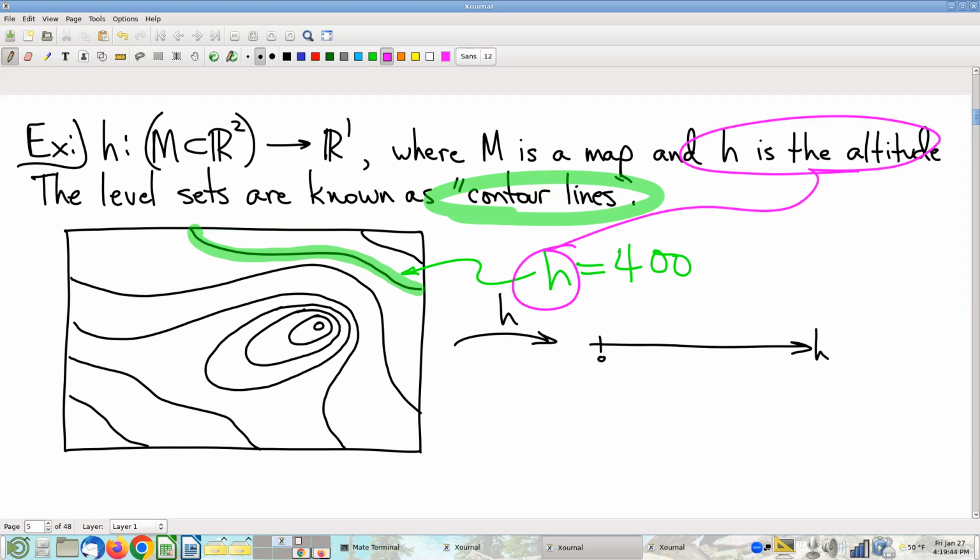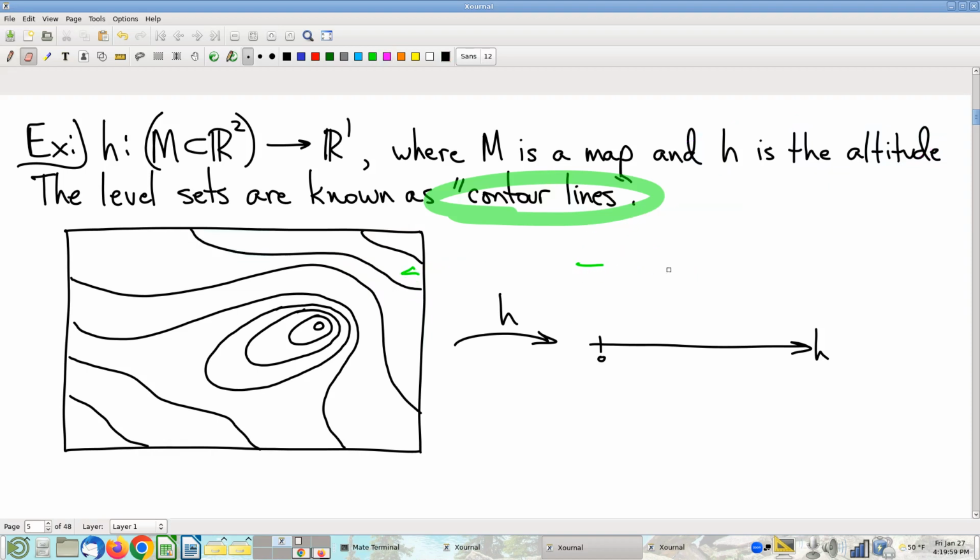Given a location on the map, you can ask what is the altitude of the surface of the Earth at that point on the map. A contour line is all the points that have a specific value, for example, 400. Okay, so when you see a bunch of contour lines, though, you start to get some idea of what the shape is actually that you're looking at.